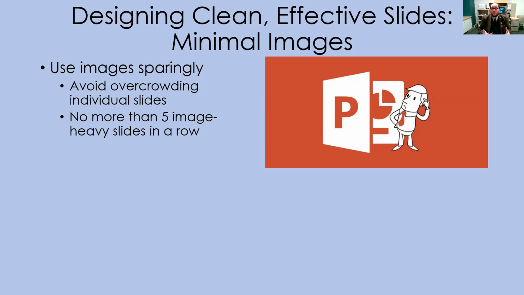We don't necessarily know what's most important. So just a few images, 2, 3, at most 4, if it's something like comparative charts or graphs. But you really want to use a minimal number of images per slide so that the audience can focus on those slides and actually understand the images.